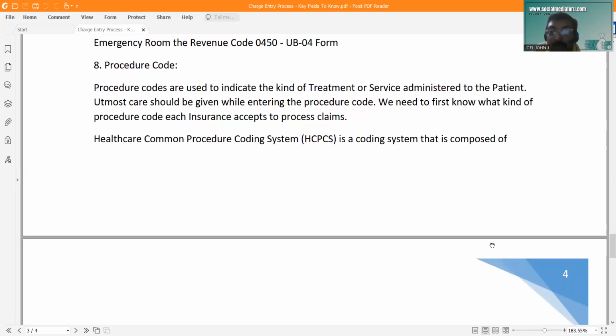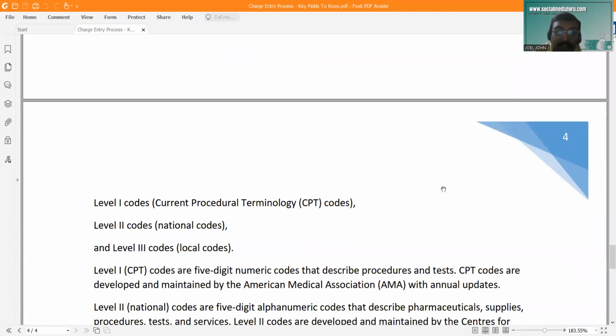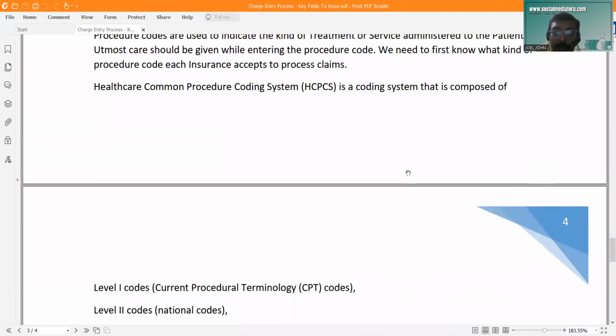The charge entry team should know about that. In medical coding they would have given the CPT codes and ICD-10 codes, but if it requires it, the Healthcare Common Procedure Coding System, HCPCS, is the coding system used.